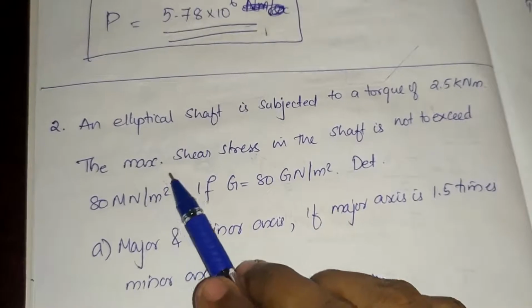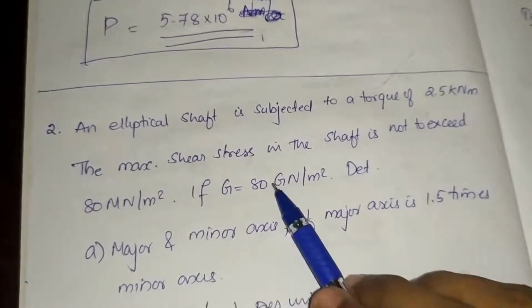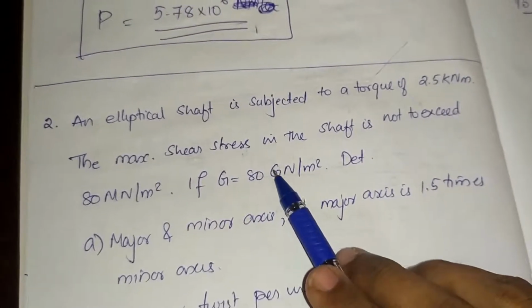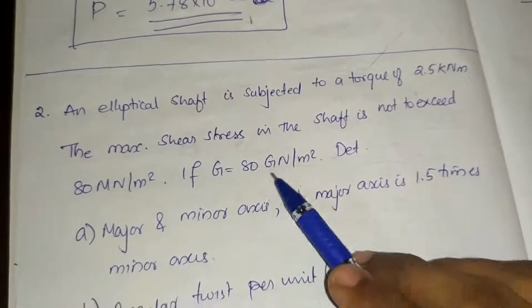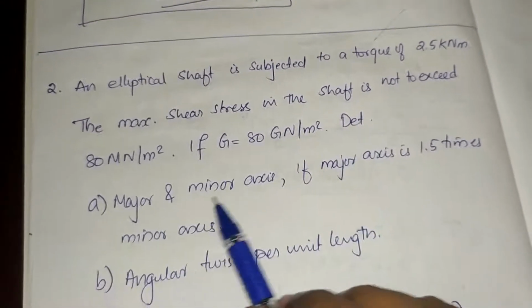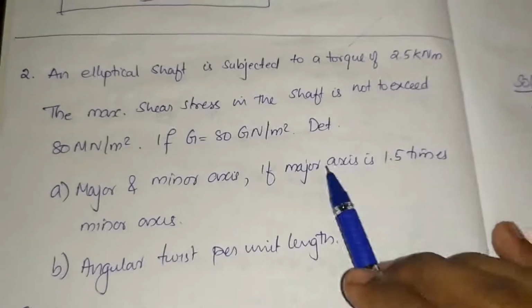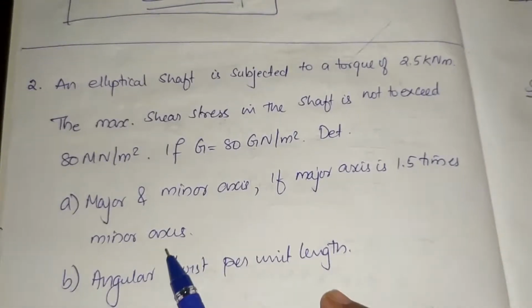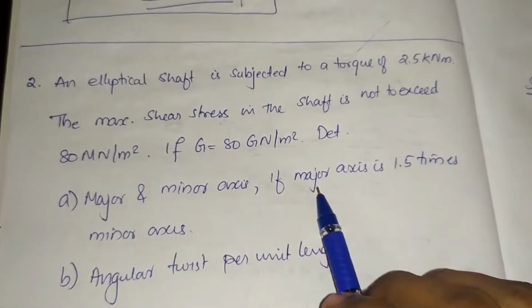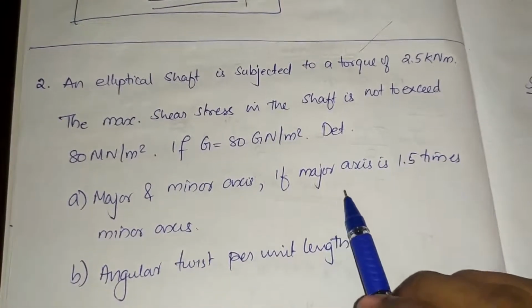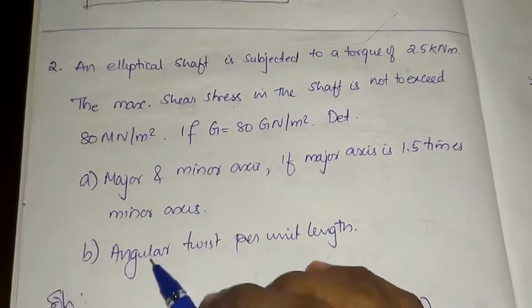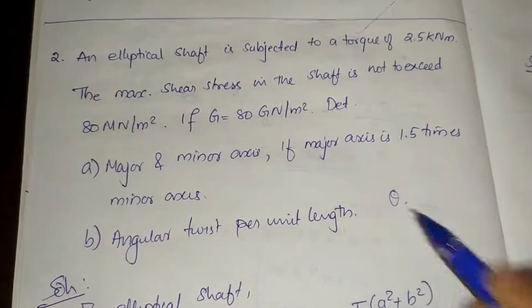Mega is 10 power 6, right? G is 80 gigapascal, giga means 80 into 10 power 9 Newton per meter square. Determine the major and minor axes, that is A and B, if the major axis is 1.5 times the minor axis. So A is equal to 1.5 B. The angular twist per unit length, theta, you need to find out.